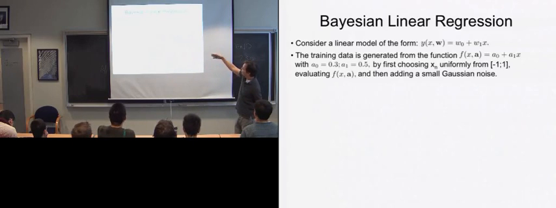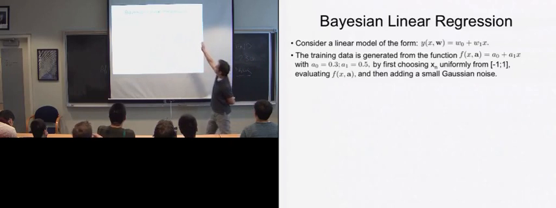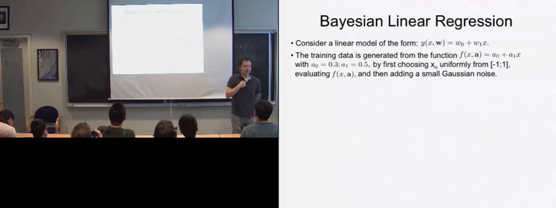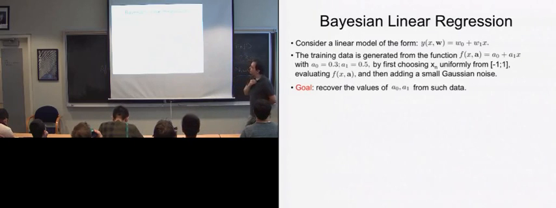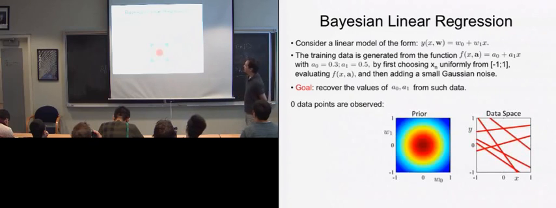You choose xn uniformly between -1 and 1, and you evaluate this true function at those values, plus a little bit of Gaussian noise. So this is how the data is generated, and the goal is to recover A0 and A1 from that data.